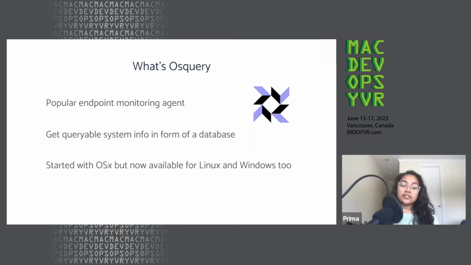So this agent was built for OSX first, but it's since been made available for Linux and Windows as well. The solution, when it got open sourced by Facebook back in the day, got so popular and so loved among the security community that they quickly released a Linux and Windows version as well.